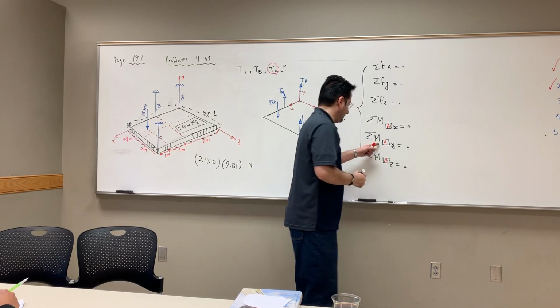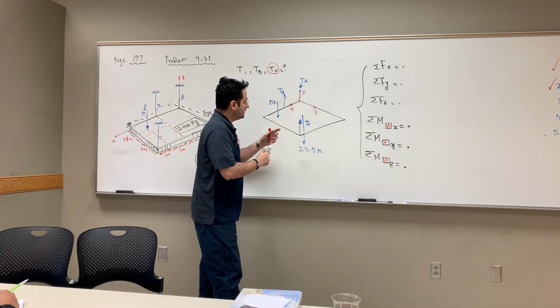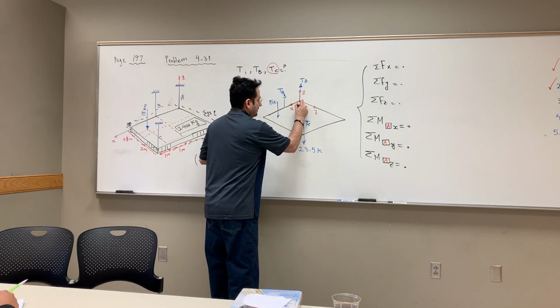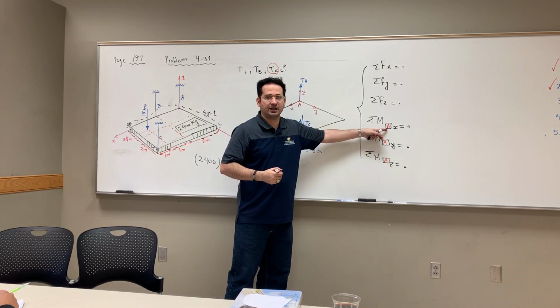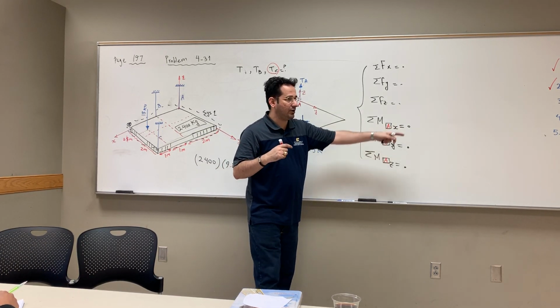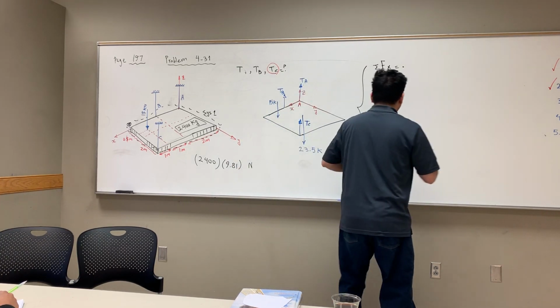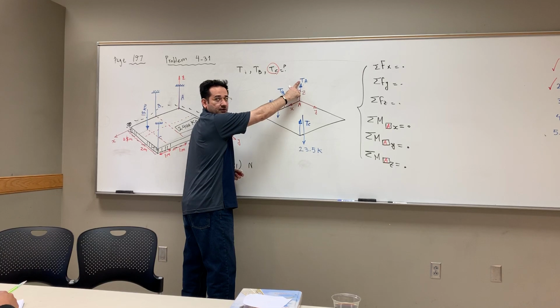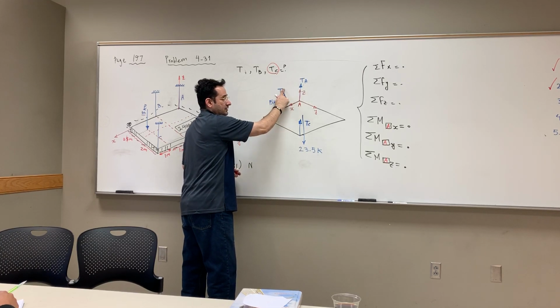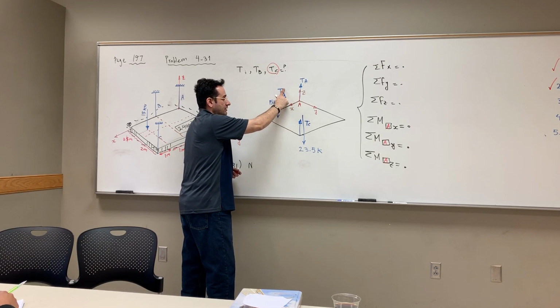Now, let's write it. Summation of moment around point A about the x-axis. That's exactly what you said in order to get TC with one line. Let's start with this. What's the moment coming from here? 0. 0.